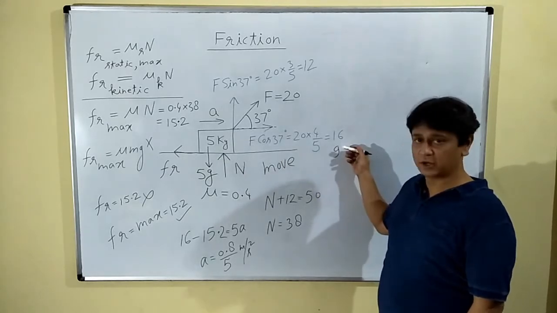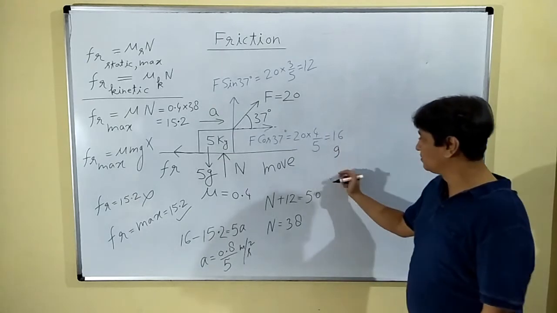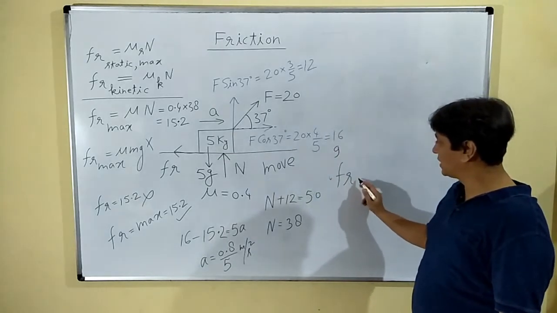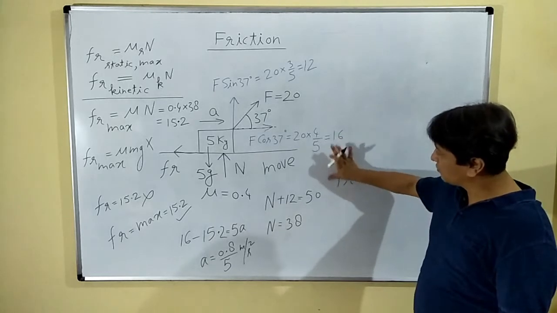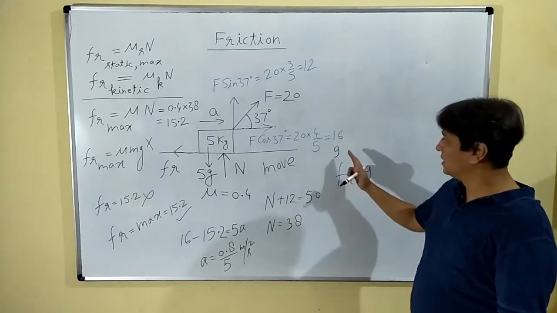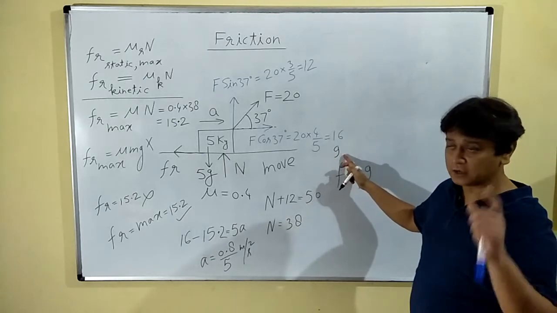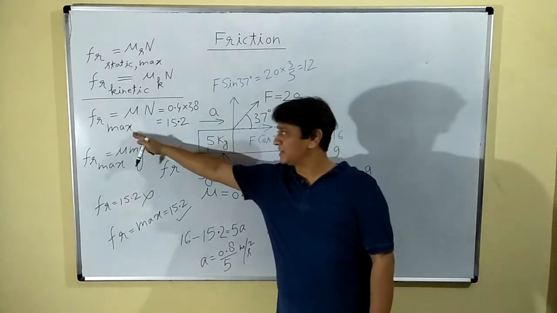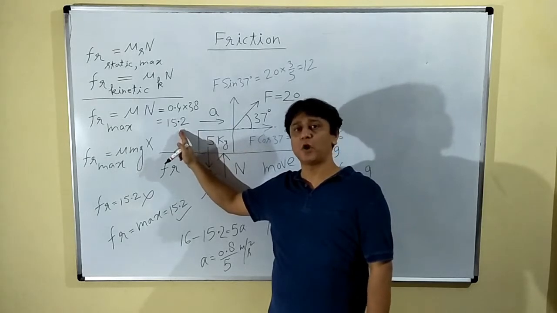If this is 9, we know that friction is self-adjusting. If 9 is pulling, in that case we'll simply say that Fr, friction, is coming what? You'll say that friction is also 9. Why 9? खींचने वाले कितने हैं? 9. रोकने वाले मैक्सिमम कितने हैं? 15.2.